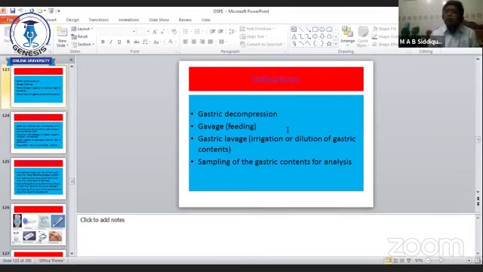So we use this lavage with normal saline. We dilute the stomach with normal saline, and after that we suck out the content of the stomach to reduce the content of the stomach.